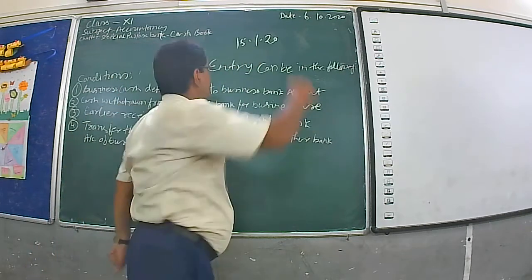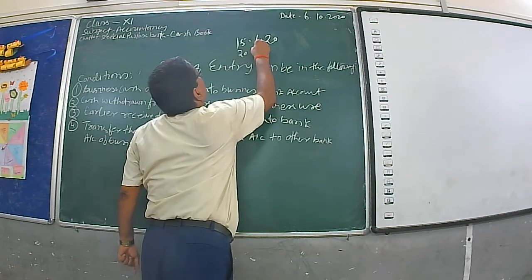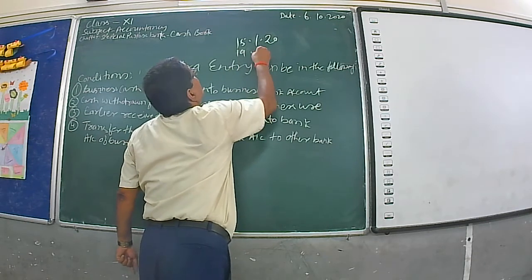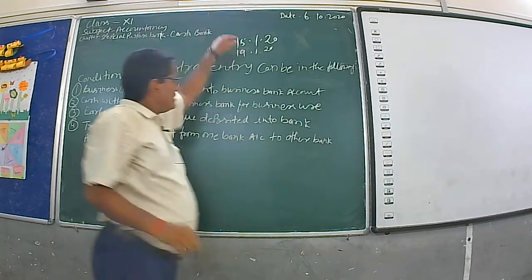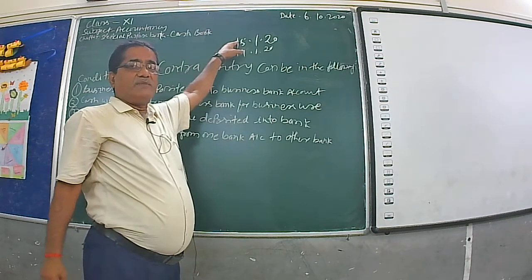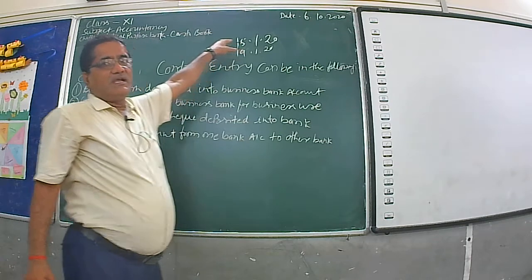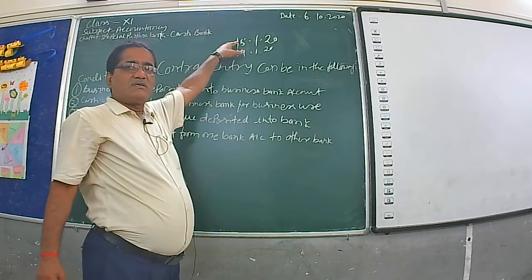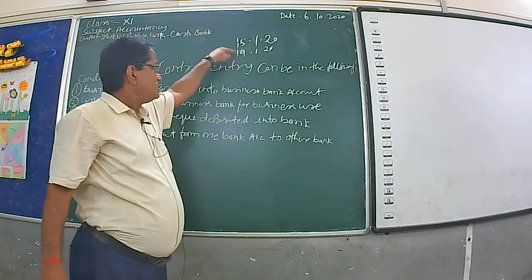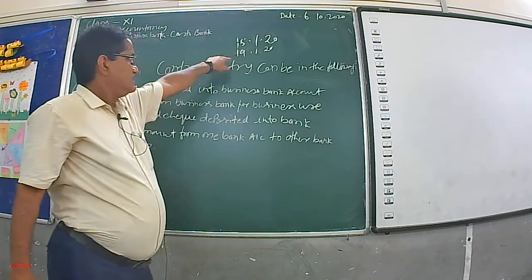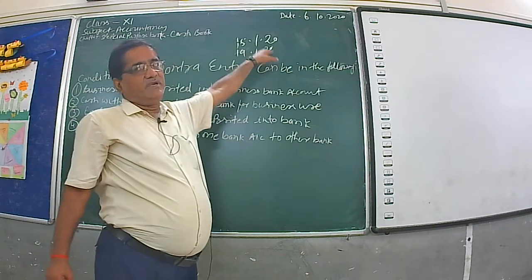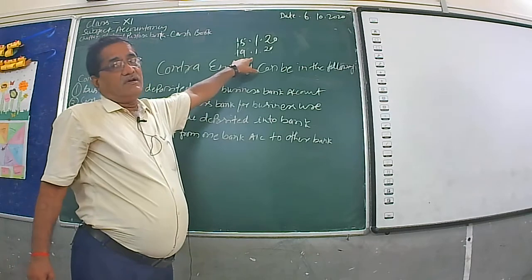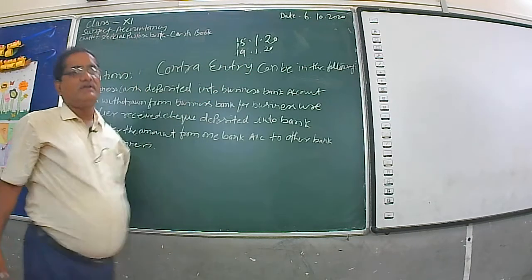It is deposited on 19th Jan 2020. Until then the check is assumed to be lying in the business cash box. On the date it is deposited, it will be recorded as a contra entry.